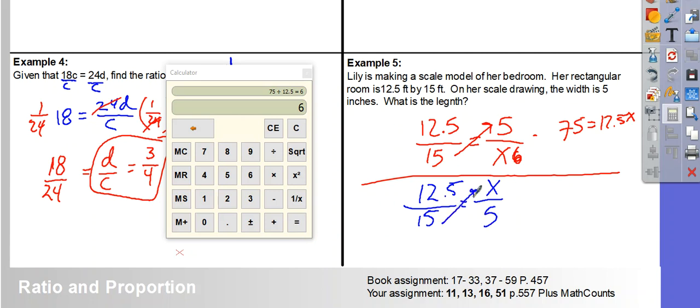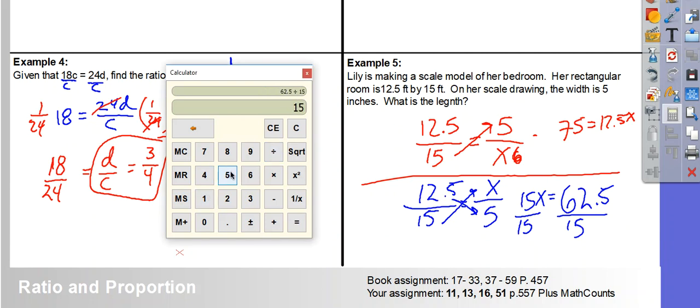Let's do our cross multiplication, and we get 15x is equal to 5 times 12.5. So 5 times 12.5, that's 62.5. This clearly is not going to give me an answer that's as clean as the first one. All right, so if the length is shorter, then the length is going to be 4.16 repeating.